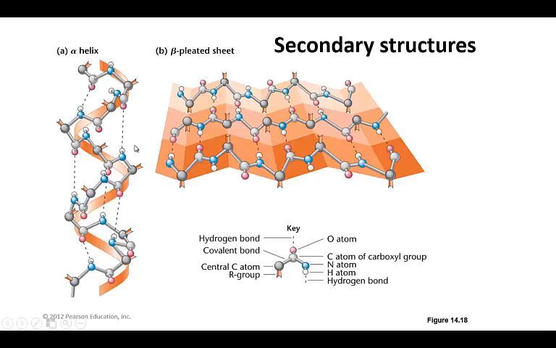If we're looking at some typical secondary structures, it's typically going to form either this alpha helix or a beta sheet. And what you can see here are many different hydrogen bonds between different molecules interacting with one another. In this case, the carboxyl and the nitrogens are interacting with one another to form this helix or this particular sheet.